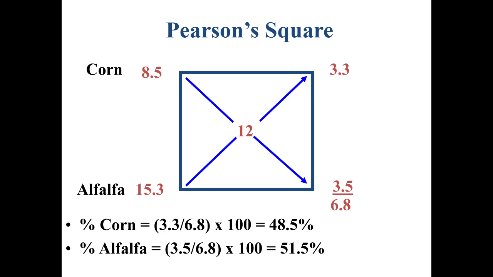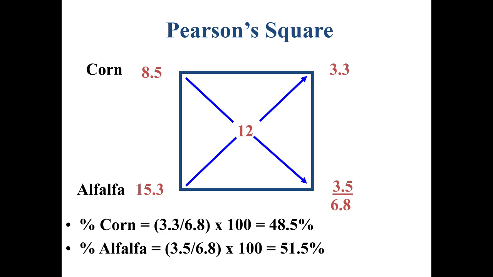The percent alfalfa would be 3.5 divided by 6.8 times 100 equals 51.5% alfalfa in the diet. You'll notice that the Pearson's square method works well for 2 ingredients at a time.